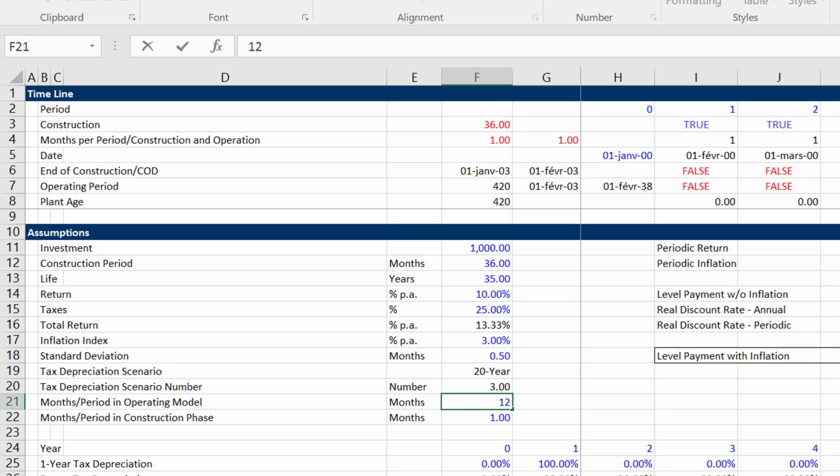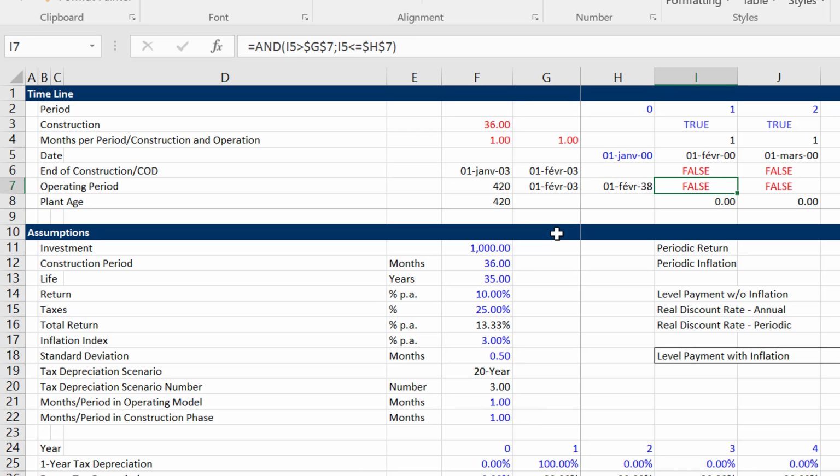Excuse me, I can't even see. We'll put 12, and we get the same start date and end date. Do you see that? I put 1 and put, oh, that was 11. I'm sorry, 12 and 1. Okay, and the same kind of date.